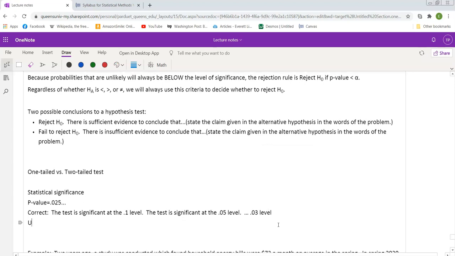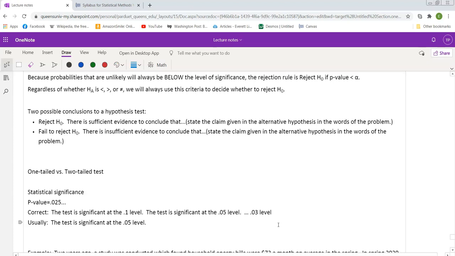However, this is usually stated as the test is significant at the 0.05 level. Usually that's how you'll see that.